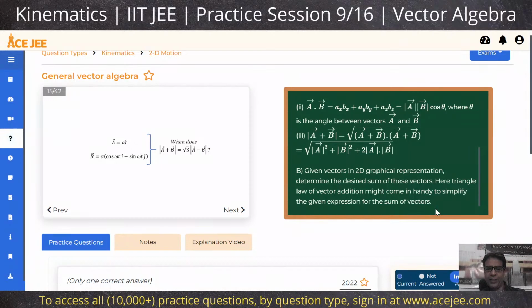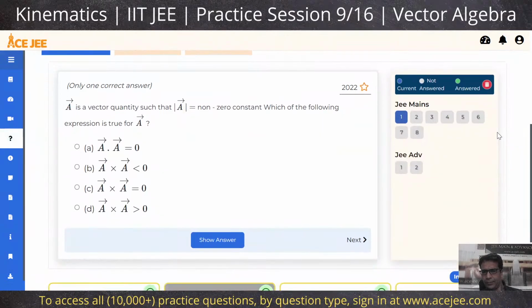Here, triangle law of vector addition might come in handy to simplify the given expression for sum of vectors. So let's see what we mean here. Let's start with some fun, easy questions. This is JEE Main 2022 question from the June attempt.